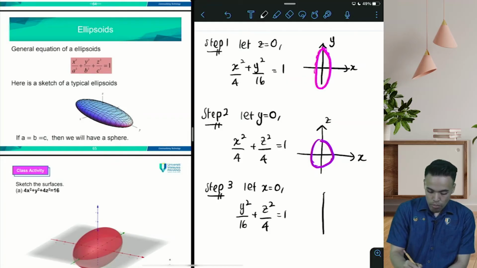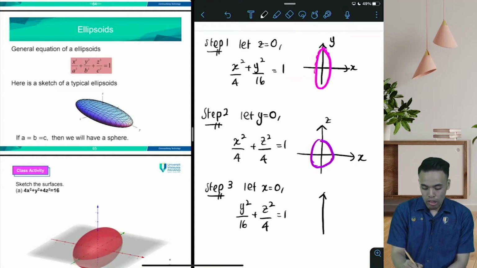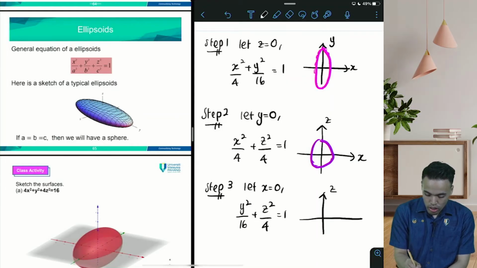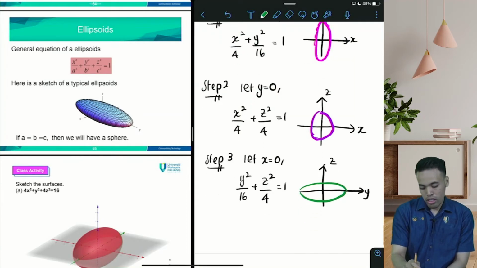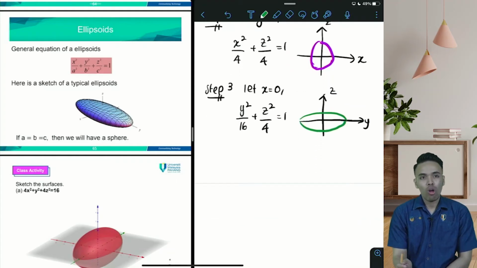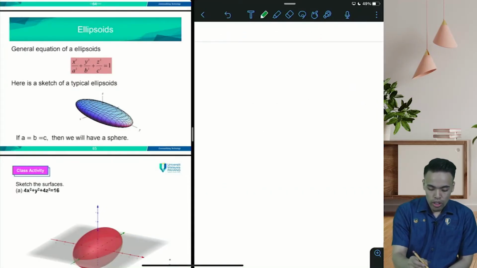I will end up getting a two-dimensional coordinate system that involves z versus y. So in this case, I will get something like this. Then by combining all curves I have obtained from these three steps, I will end up with an ellipsoid.